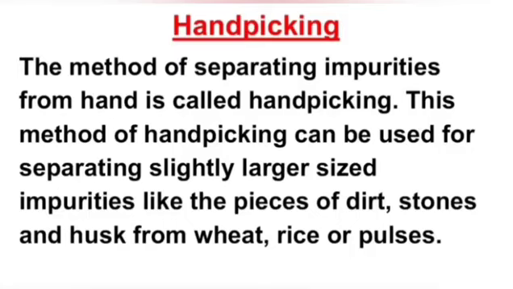This method of hand picking can be used for separating slightly larger size impurities like pieces of dirt, stones and husk from wheat, rice or pulses. It means this method is used for separating larger size impurities.